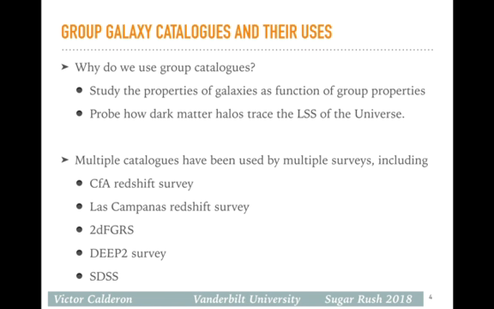In the past, multiple catalogs have been used by multiple surveys, including SDSS, Las Campanas Redshift surveys, Deep2, among other ones. So they're really practical in the sense that they try to give you an insight into how galaxies behave within a group environment.